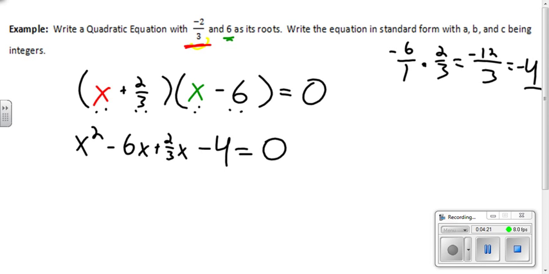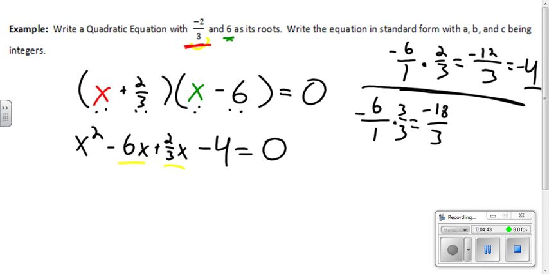We still need to combine our like terms. And again, I'm going to move over here to show you a good way to do that. Anytime we are adding fractions, we need to get them into a common denominator. Right now, if we look at -6 as -6 over 1, we need to get it into a denominator of 3. So we have to multiply by 3 over 3, which leaves us with -18/3.